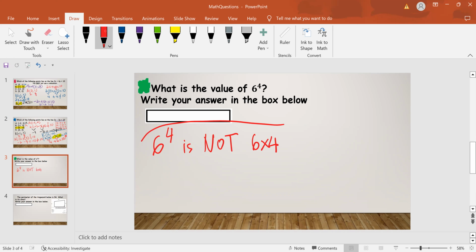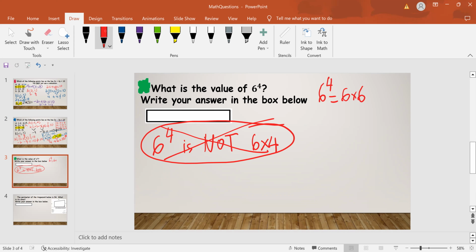No, no, no. That is a common mistake, and we need to avoid that. 6 to the 4th power means 6 multiplied by 6 multiplied by 6 multiplied by 6. So we multiply 6 by itself and we repeat this 4 times.